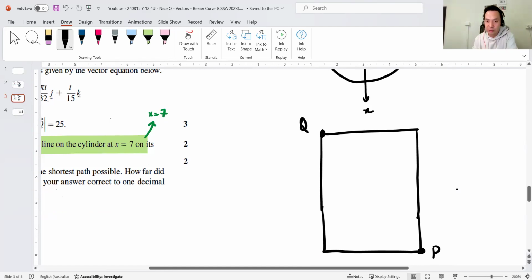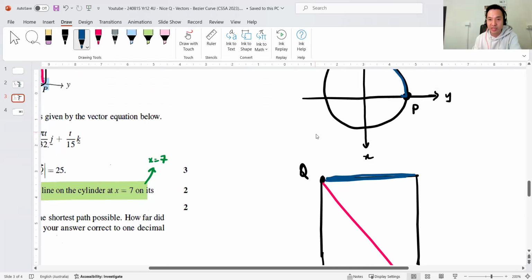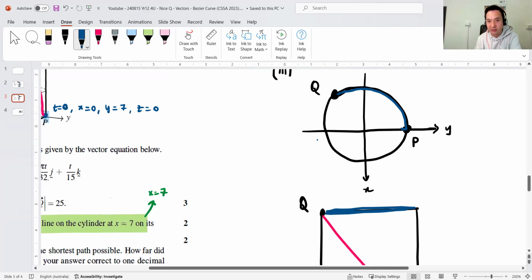Where I need to go, from the path that it wants to travel, is this distance here, from here to here, along an uncurved rectangle. Now, the length of this base here is equal to the arc length there.